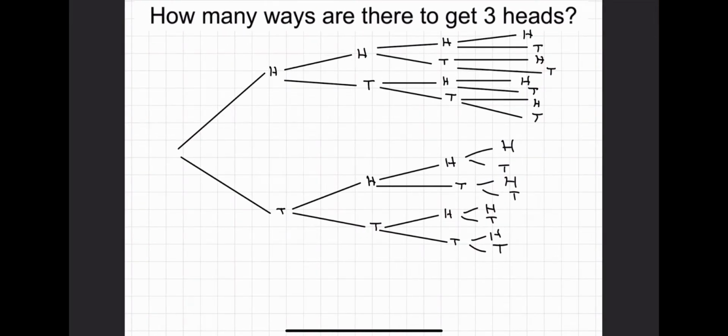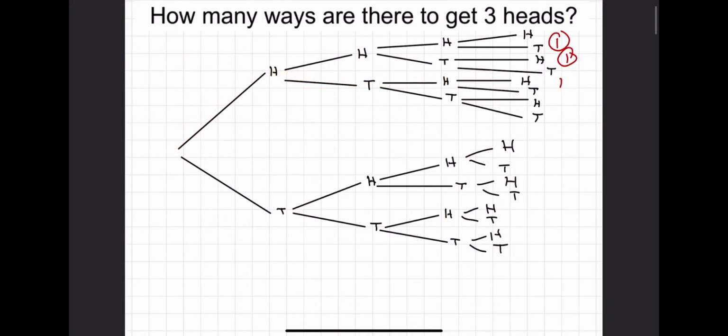So I get a heads, then a heads, then a heads, then a tails. Here's one way. What else is there? You get a heads, a tails, and a heads. Here's another way. Got a heads, tails, heads.